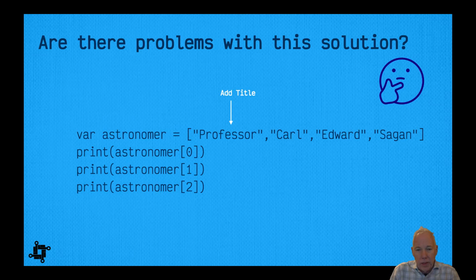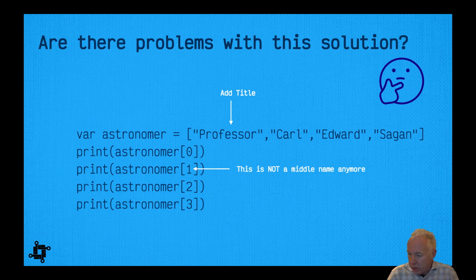But the problem with that is that now element 1 no longer refers to the middle name. It's now referring to their first name because we've added this additional element in front of it. So the 0th element is the title, and then at index 1, the second element, is not the middle name anymore, it's now the first name.